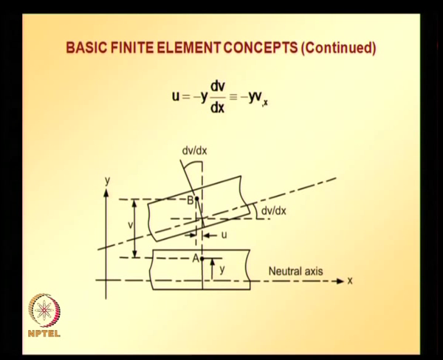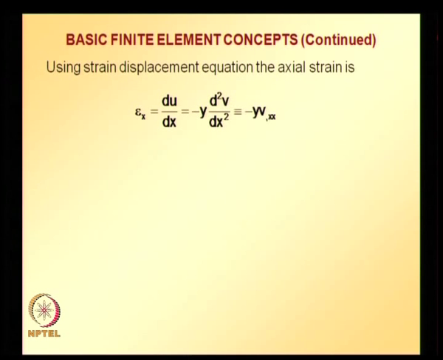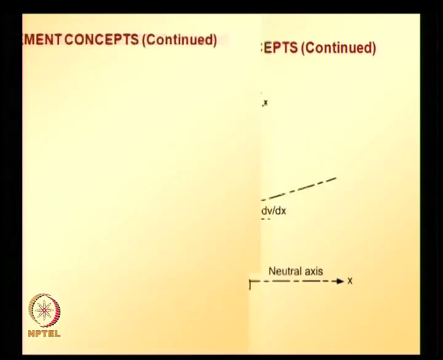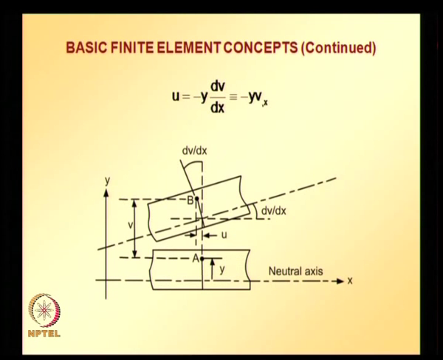So, the u component of displacement of point A is given by u equal to minus y dv dx. The minus is because it has moved in the direction opposite to the positive x direction.